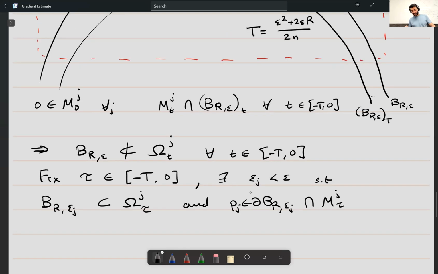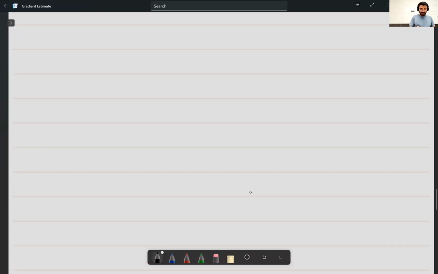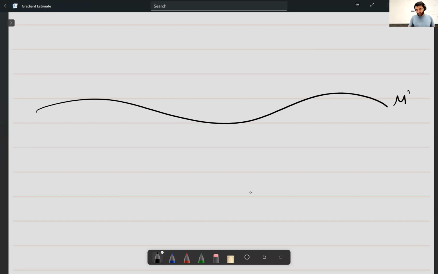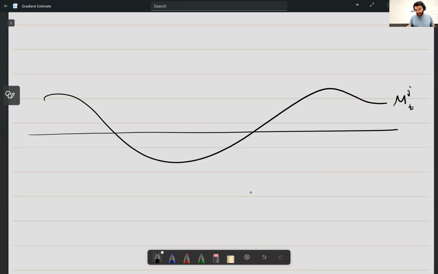That's maybe a bit confusing, so I need to draw another picture. Here is M_j^t, here is 0. M_j^t could go negative, so I'll draw like this. Here is x_{n+1} equals 0.